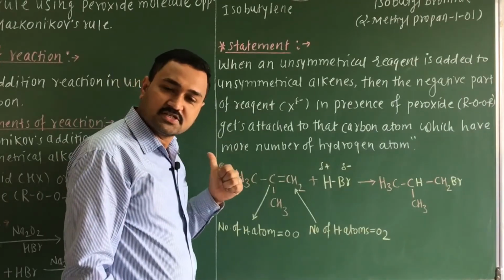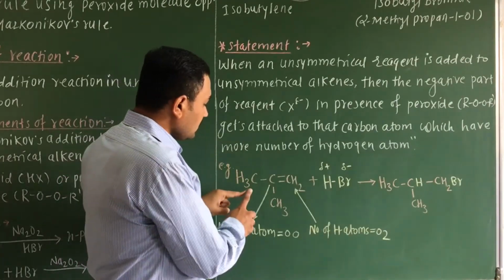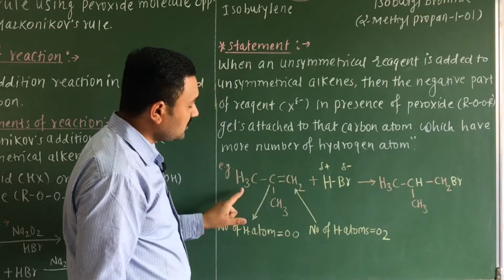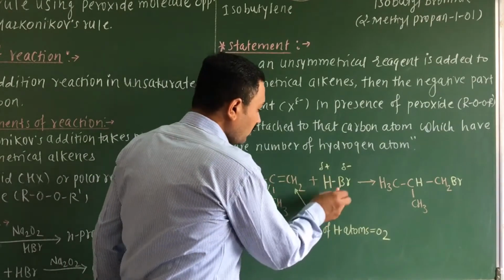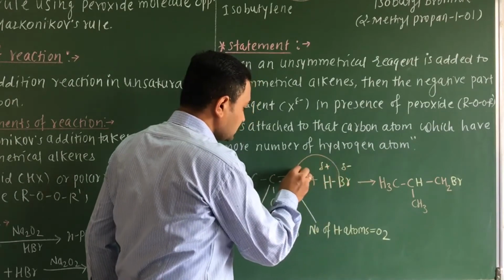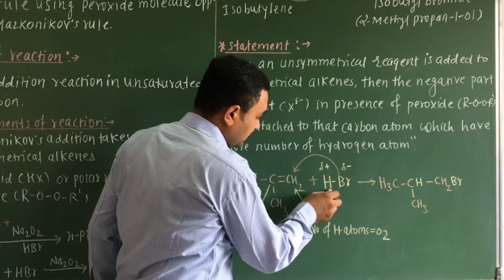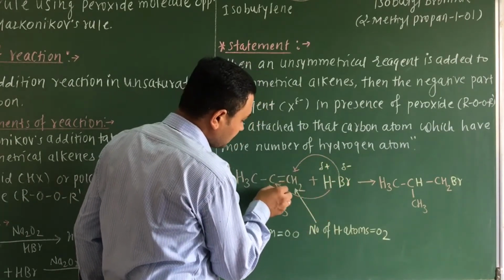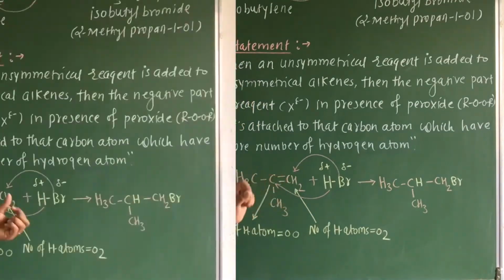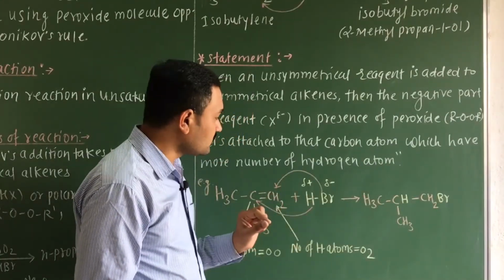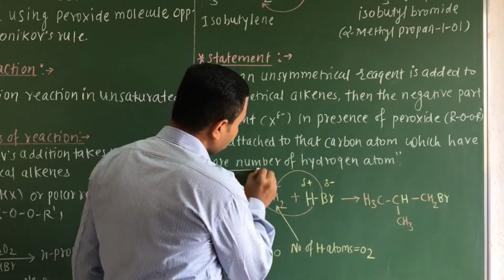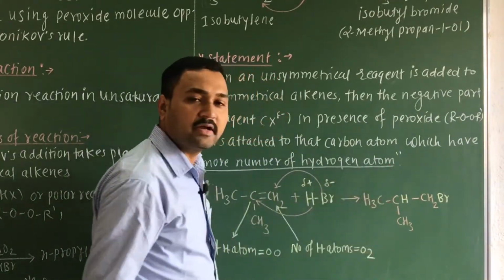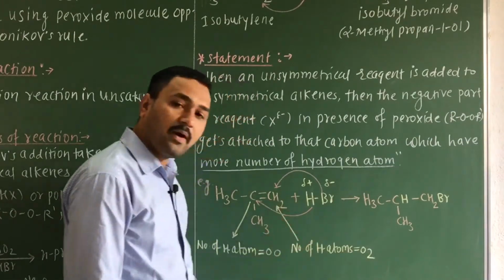Let us consider the explanation of this statement. Here I have taken isobutylene. Now you know that here the bromine is added to the CH2 group and the hydrogen is added to this unsaturated carbon atom. This addition takes place according to the Markovnikov's rule, where the hydrogen atom is added to the carbon atom which has the more number of hydrogen atoms.